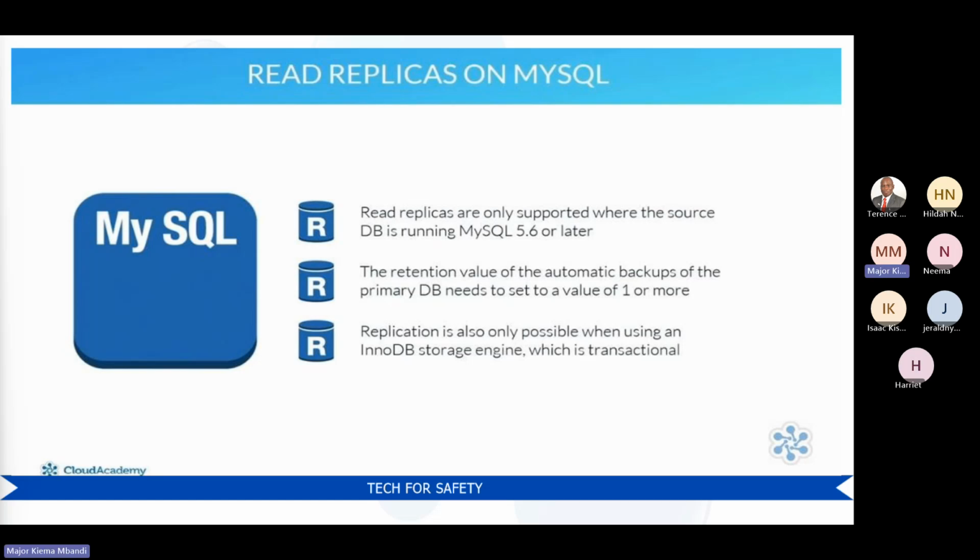Any DB engine running MySQL 5.5 and below does not qualify for read replicas. The retention value of the automatic backups of the primary DB needs to be set to a value of 1 or more. And replication is also possible when using the InnoDB storage engine, which is transactional.